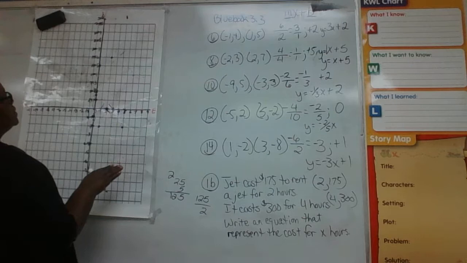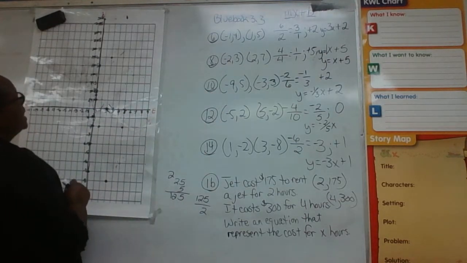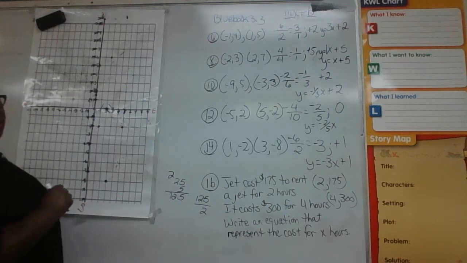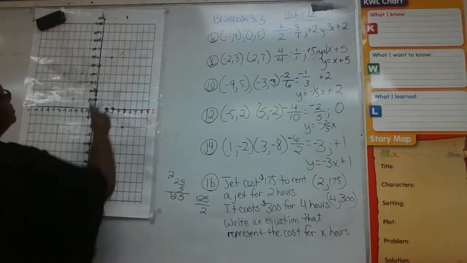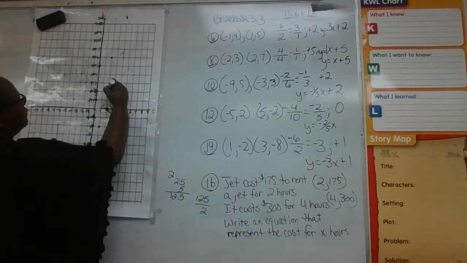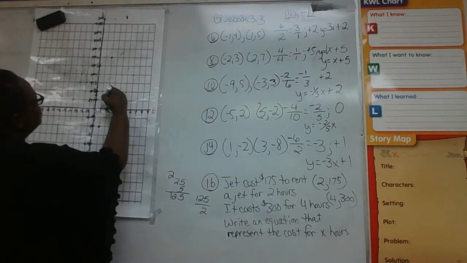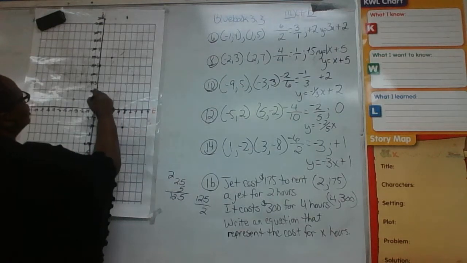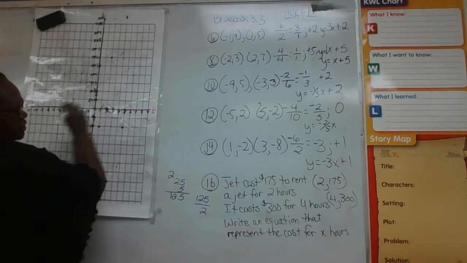And it is going positively, so it's positive. Now let's take a look. We need to cross here, so let's drop down 5: 1, 2, 3, 4, 5, which is equivalent to our 20. Each one is worth 25, and run 2: 1, 2. So it crosses at positive 1.